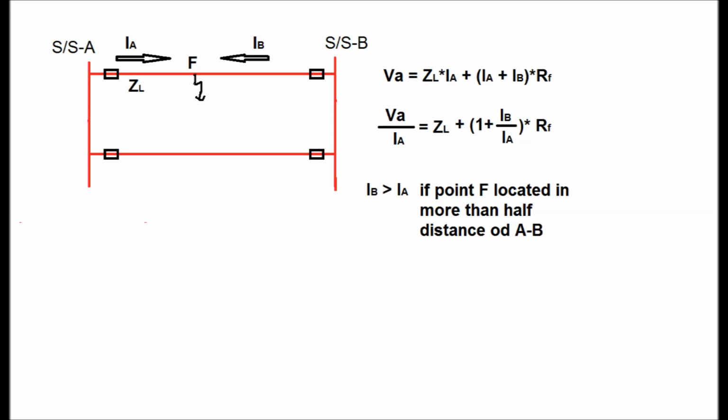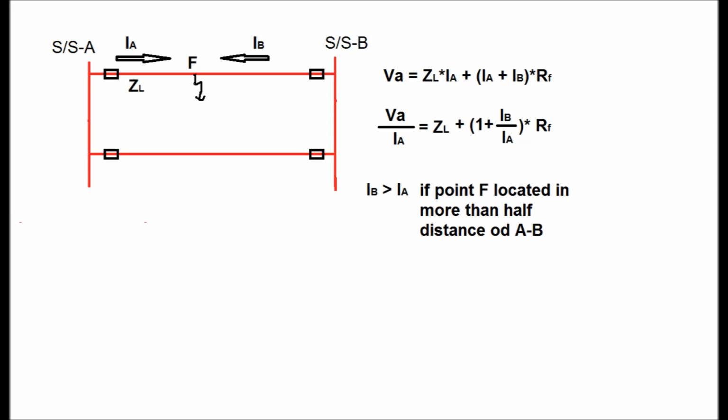Now our motive is to calculate the ratio VA by IA, that is equal to ZL plus 1 plus IB by IA into RF. Now there is an extra quantity in this equation, that is 1 plus IB by IA into RF.